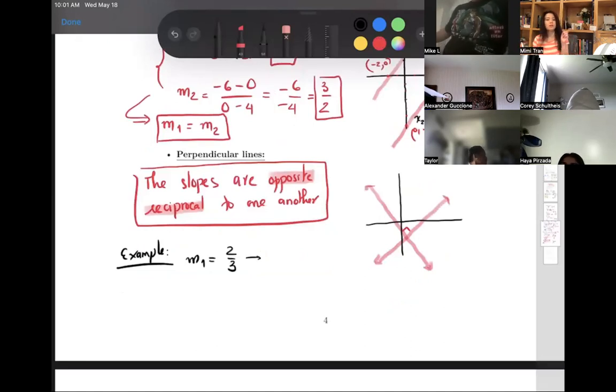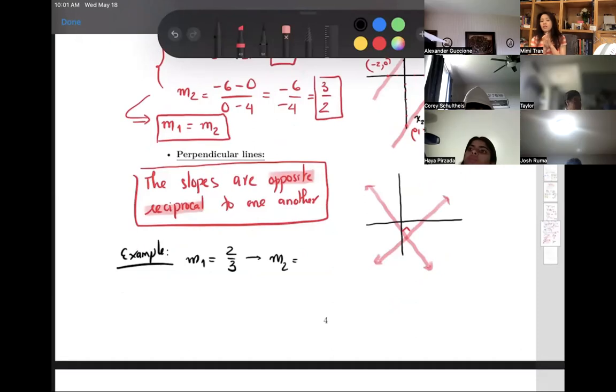If the two lines are perpendicular, what should M2 be? They're opposite. Reciprocal means you flip, right? 3/2, and then opposite means opposite signs. So negative 3/2. Right? That's it. That's all you have to remember. Perpendicular lines mean opposite reciprocal.